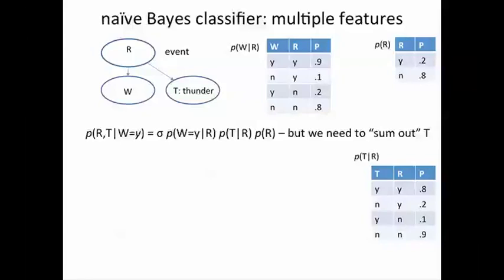We could be asking our neighbor over the phone whether the grass is wet, and then trying to conclude whether or not it's raining there, but we didn't ask our neighbor whether they're hearing thunder.